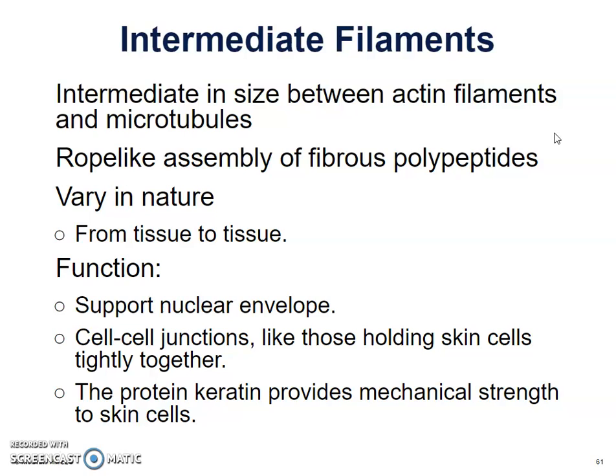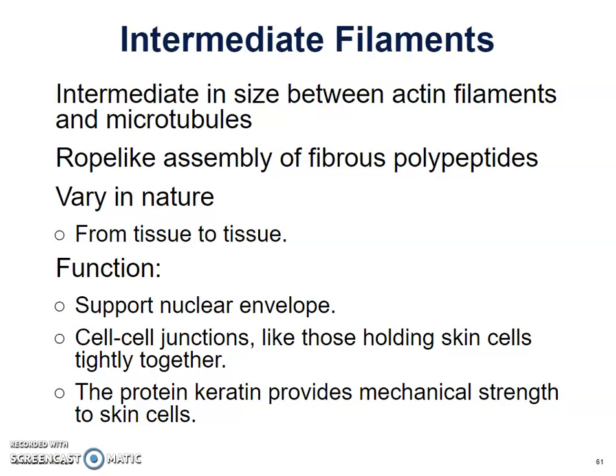Intermediate filaments, they're called intermediate because they're between the size of actin filaments and microtubules. And they have a rope-like assembly of polypeptides, so they're protein. They vary in nature from tissue to tissue, depending on what type of cell we're looking at. And their functions are to support the nuclear envelope and create cell-to-cell junctions.